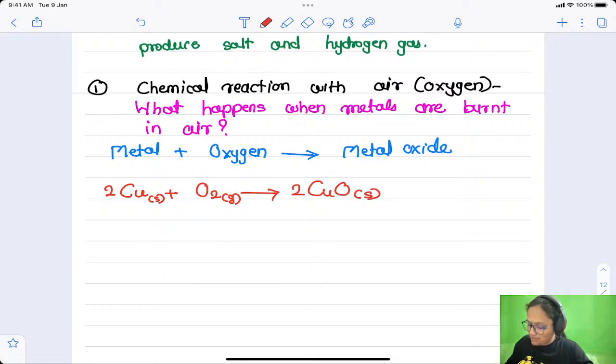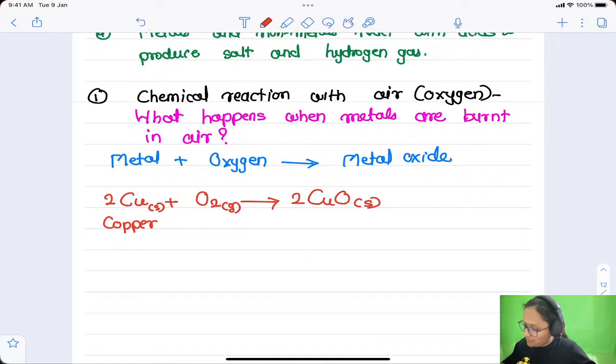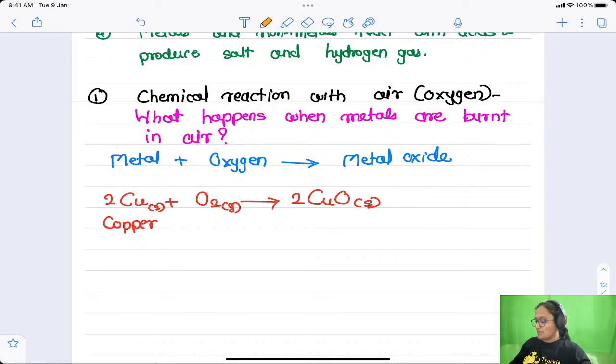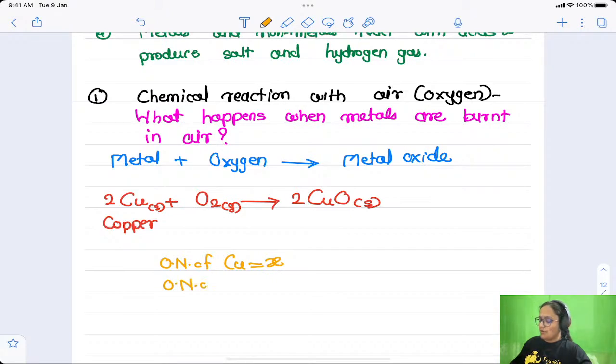Here this is the copper metal, and in CuO, copper oxide, let us find the oxidation state of Cu. Let us assume the oxidation number of copper is X, and we know the oxidation number of oxygen is -2. The molecule as a whole should be electrically neutral.